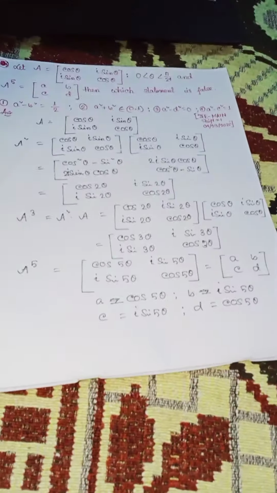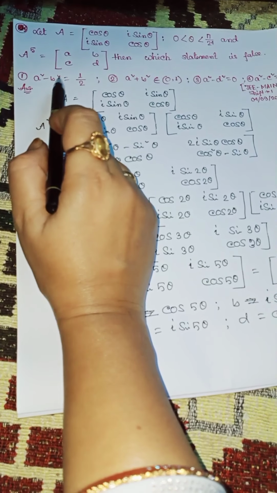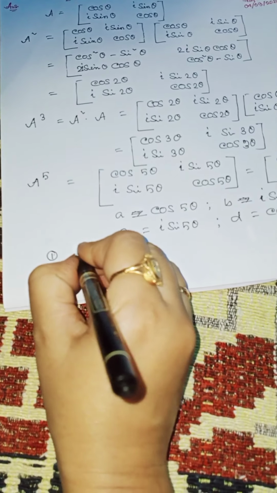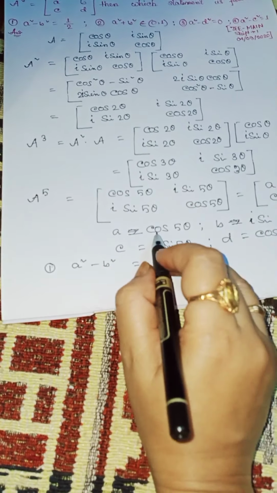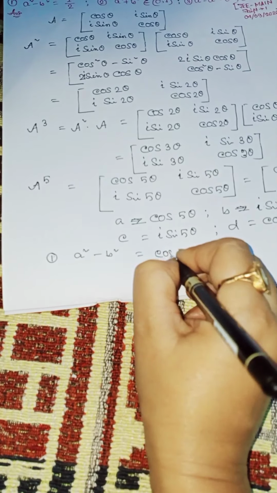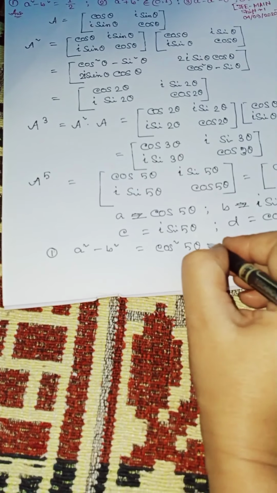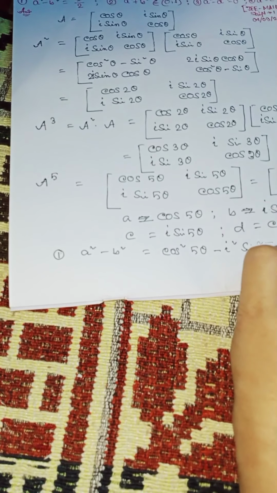So let's check the options. Our option 1 is a square minus b square is equal to half. So option 1, a square minus b square. a square is equal to cos square 5 theta, and b square is equal to minus sin square 5 theta, since i square is minus.